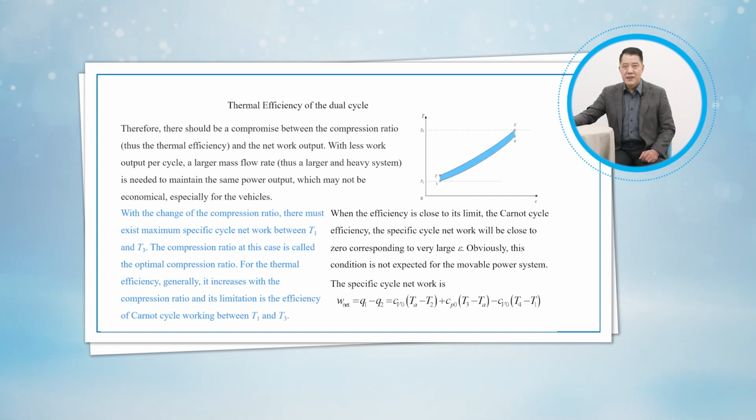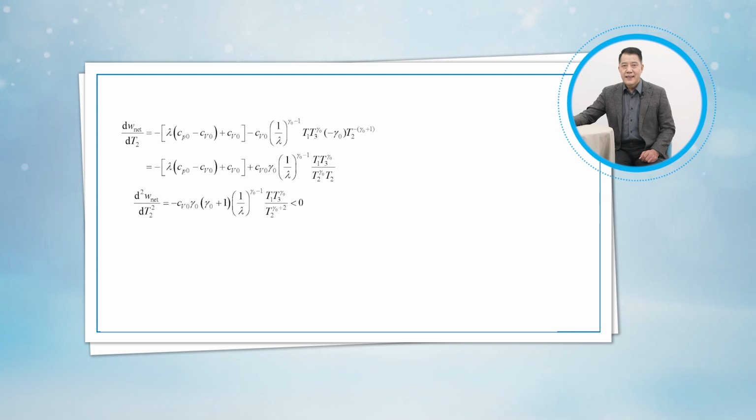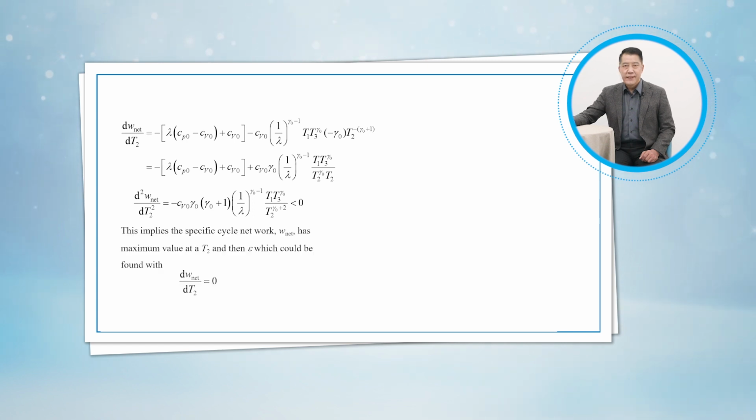The cyclic specific net work, by definition, then the first order and the second order derivatives of the cyclic specific net work are obtained. This implies the cyclic specific net work has indeed a maximum value at T2 and the compression ratio, which could be found when the first order derivative is set to zero.